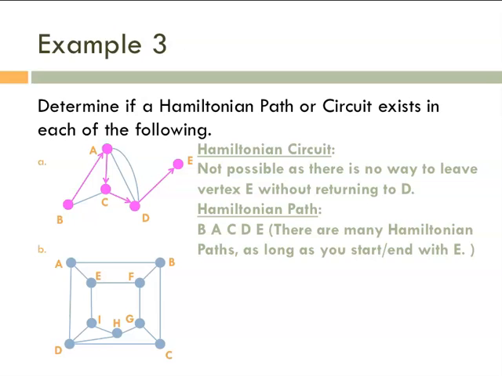So no matter which path you end up finding that's a Hamiltonian path, it's going to either start or end with E, right? So you could say A, B, C, D, E works. You could say E, D, C, A, B works. E, D, C, B, A works. But all of those either start or end with E.